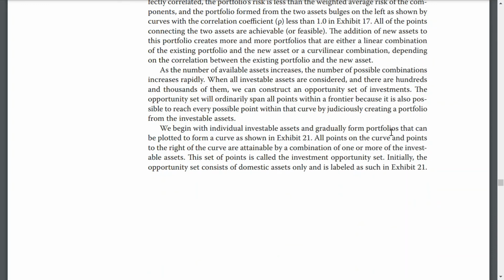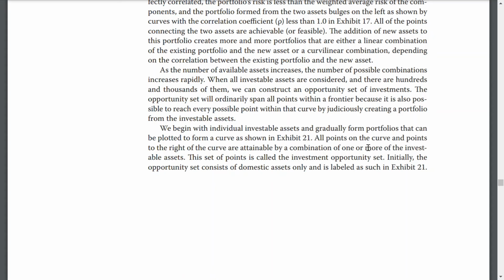judiciously creating a portfolio from the investable assets. We begin with individual investable assets and gradually form portfolios that can be plotted to form a curve, as shown in Exhibit 21. All points on the curve and points on the right of the curve are attainable by the combination of one or more of the investable assets.